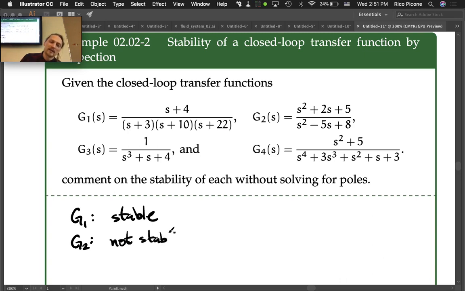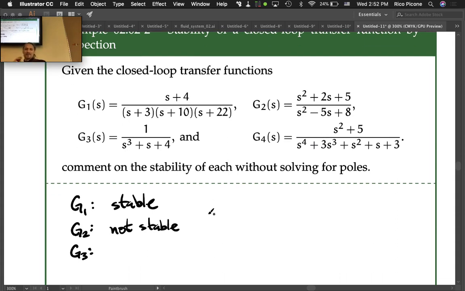Actually, this one is unstable: if it's negative, it's unstable, and if it's 0, it can be marginally stable. I didn't differentiate between those two, so I'll say not stable. We just don't know if it's marginally stable or unstable, but not stable versus stable is the most important distinction. G3: we have a power missing here, an S squared power. So one of these B coefficients is 0. Therefore, we know it's not stable, right?